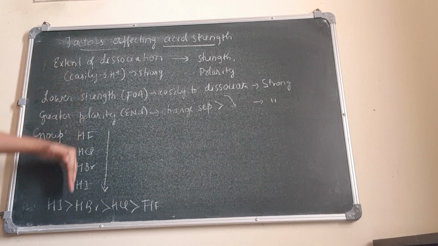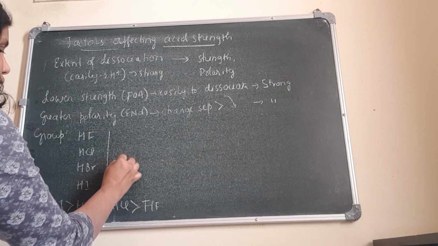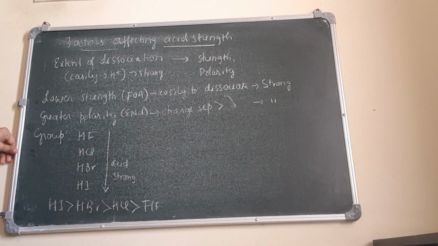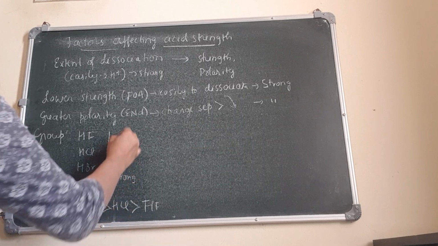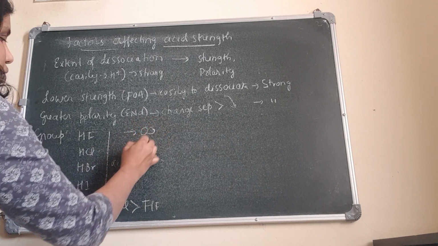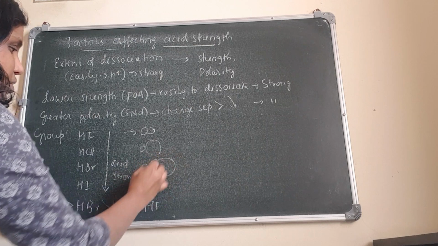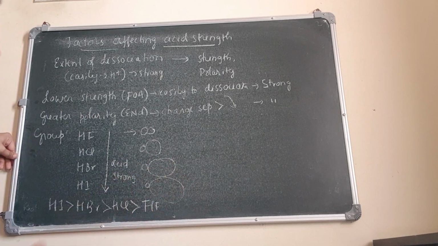So if you go down the group, the acid is becoming stronger, the strength increases down the group. And the reason: what happens if you go down the group, here hydrogen is the same but chlorine is large, bromine is still larger, iodine is still larger.